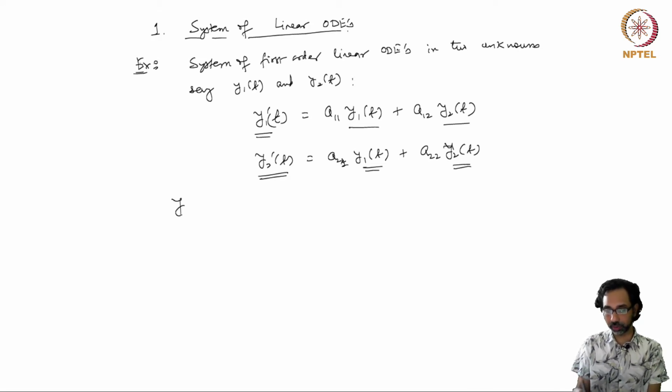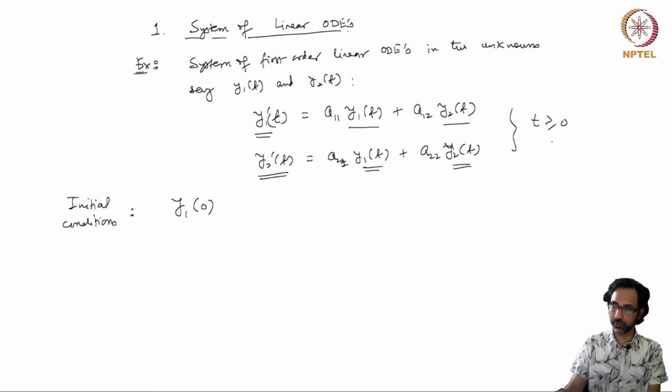Now we can assume some initial conditions. This is supposed to be valid for t greater than or equal to 0, and for the initial conditions we take y1(0) equal to some constant alpha, and y2(0) some constant beta.